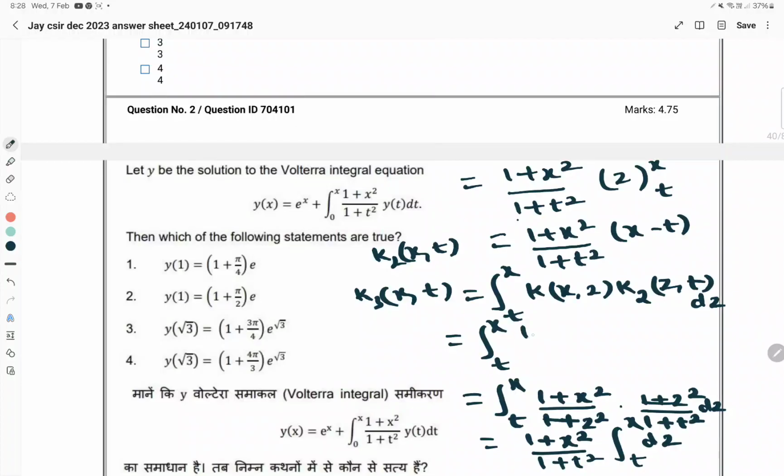K of x comma z means 1 plus x square by 1 plus z square, into k2 of z comma t, which is 1 plus z square by 1 plus t square times z minus t, into dz.